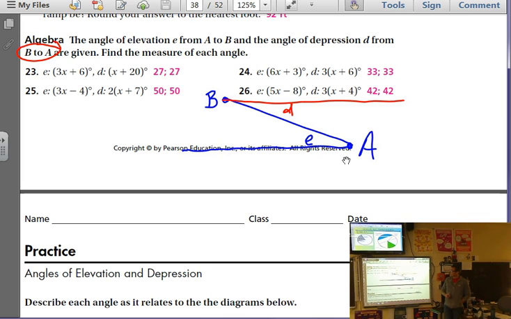Or does anyone disagree? I just don't understand how you get the value. So hold up. If E is 3x plus 6 and D is x plus 20, well, what do we see about E and D? They're alternate interior, so they should be equal.